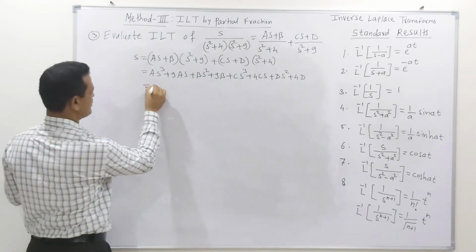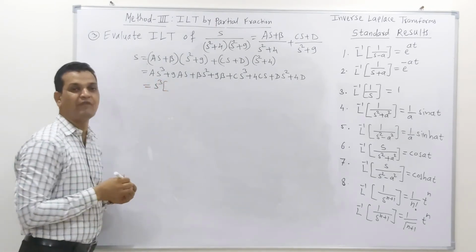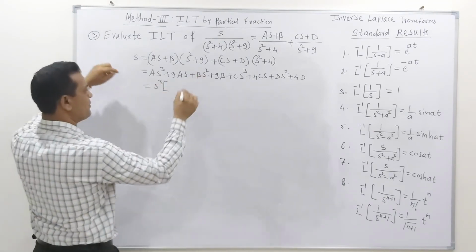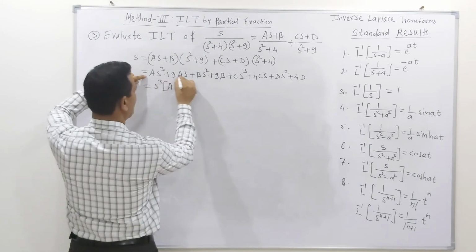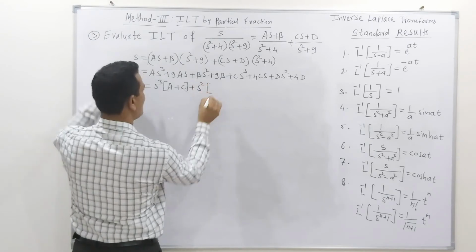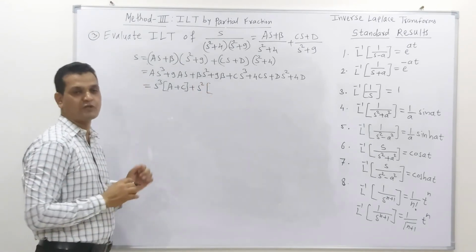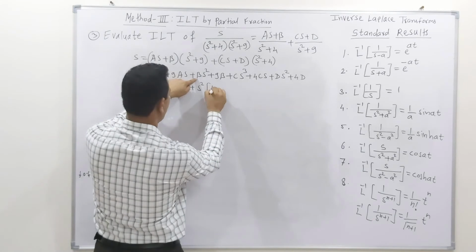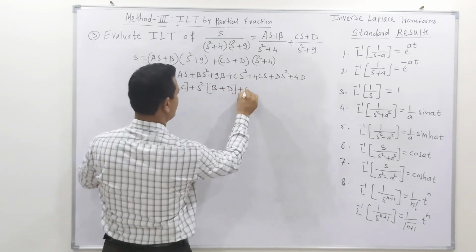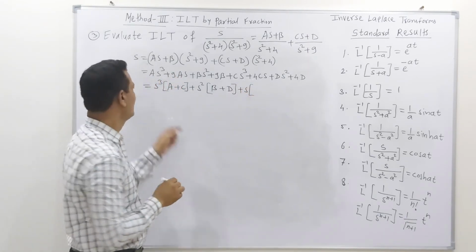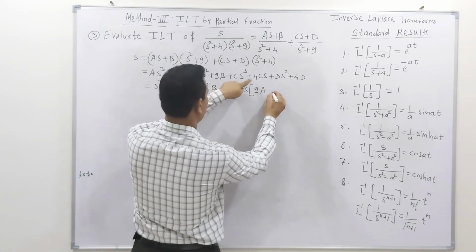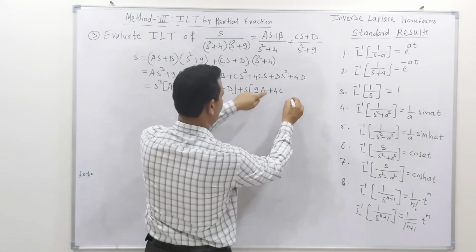Now arrange this equation according to the decreasing power of s. The highest power of s is s cube, so the coefficient of s cube is a plus c. Then collect all the coefficients of s square: b plus d. Then all coefficients of s: 9a plus 4c.